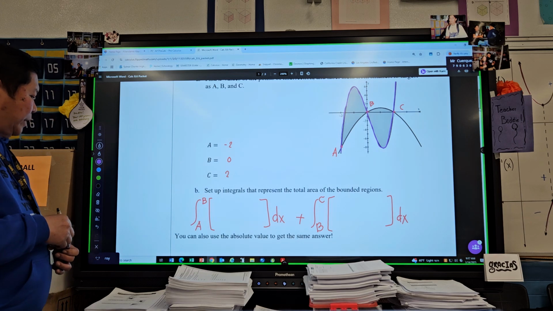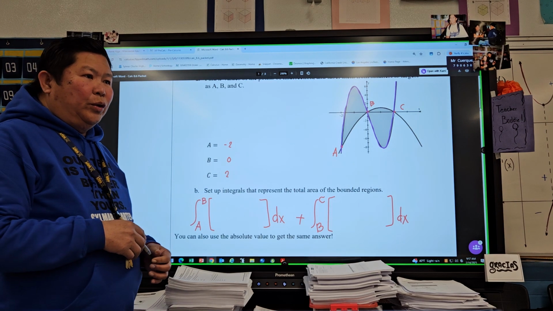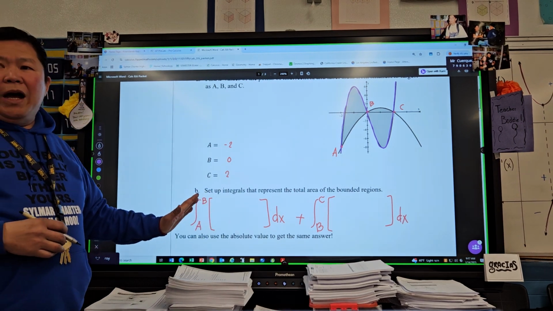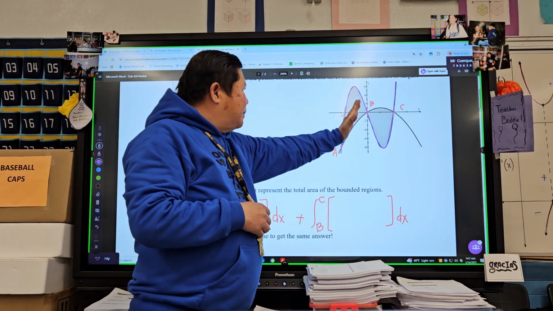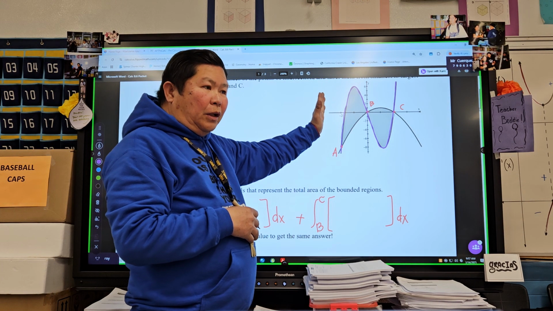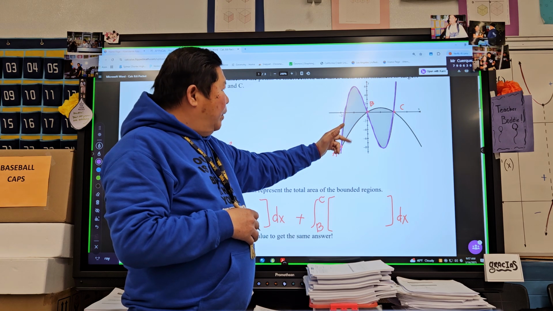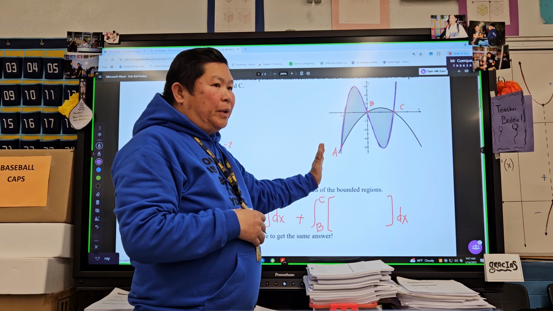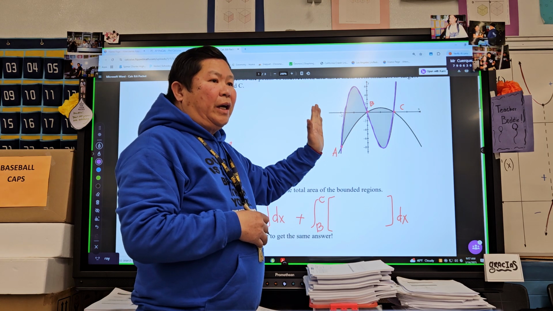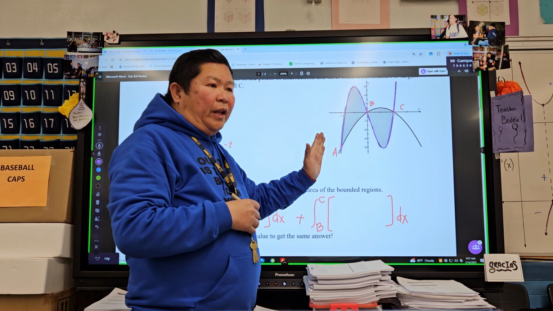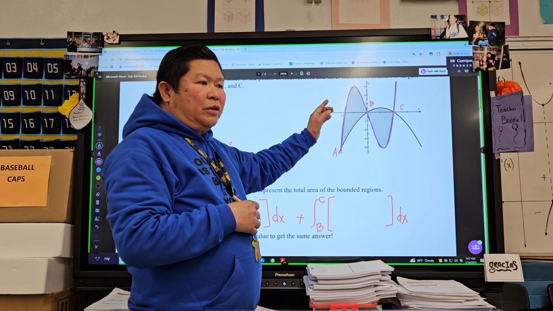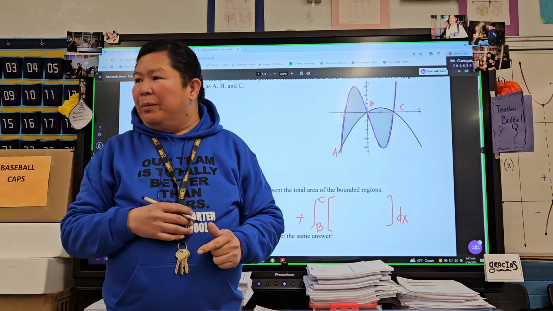Okay. So, can you do it by yourself now? This is the f of x on this particular interval. The purple is the f of x, while the black color from the interval A to B is the g of x. Okay? Therefore, we say the cubic function minus the parabola.